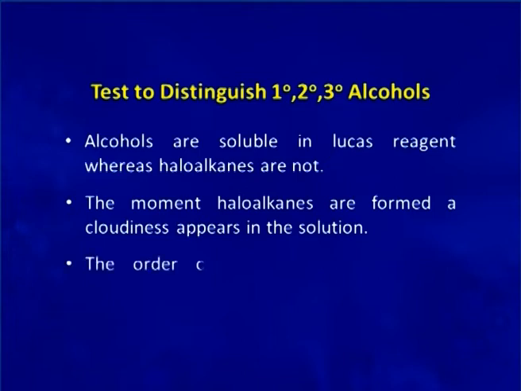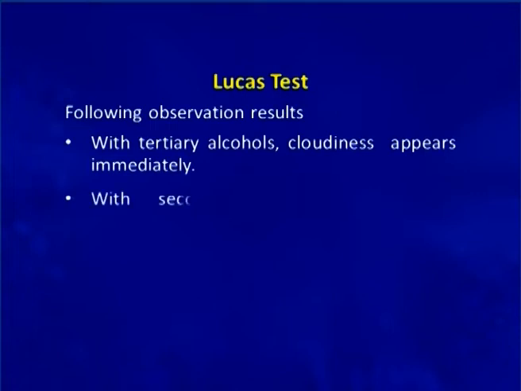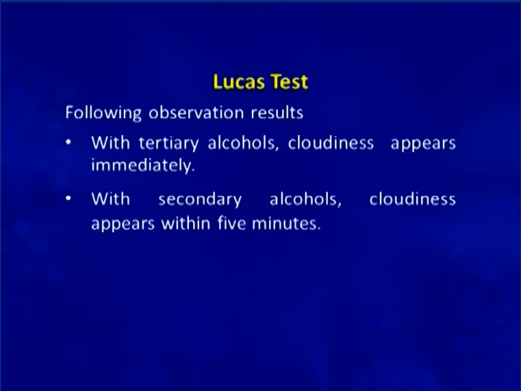The order of reactivity of alcohols is that tertiary alcohols are most reactive, then secondary alcohols and then primary alcohols. So, since tertiary alcohols are most reactive, they will react fastest with Lucas reagent and form cloudiness almost immediately, whereas secondary alcohols are slightly less reactive, so cloudiness appears after about 5 minutes.